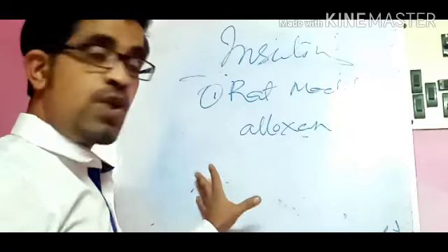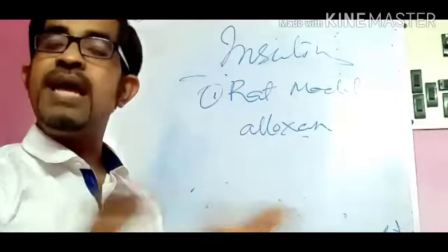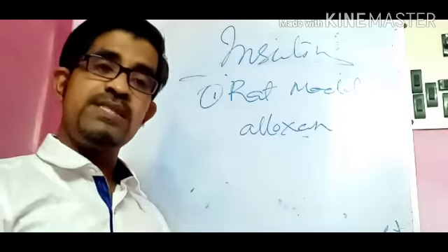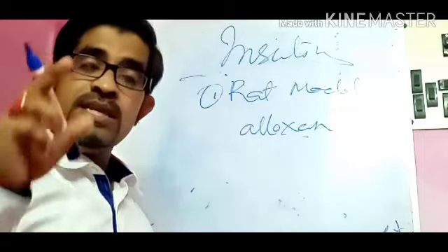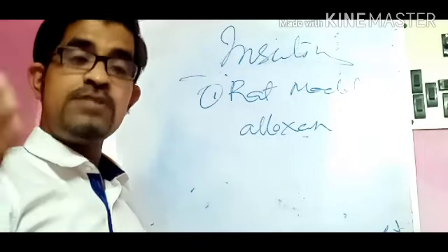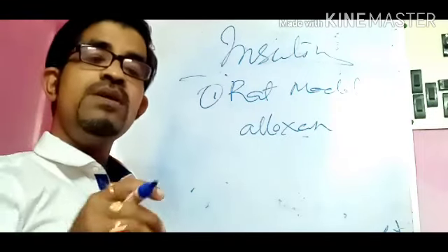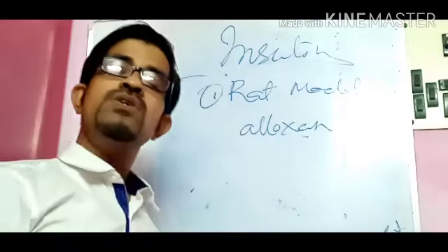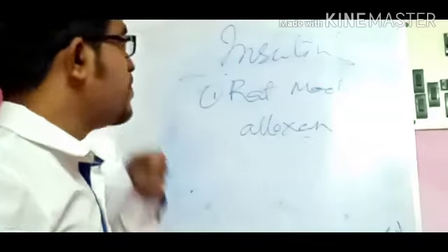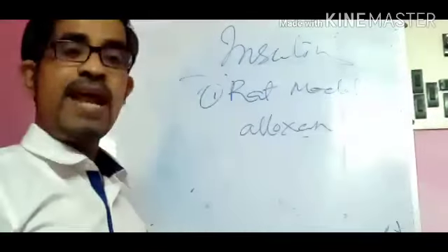Definitely, the control group has not received any insulin, so their sugar level will not fall. In your test group, you have given insulin, so definitely the sugar level will start falling. So this is the number one method, the rat model.